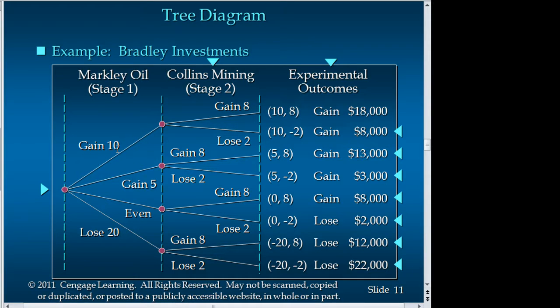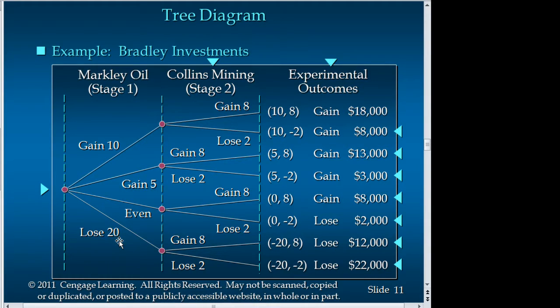So if Bradley gains 10,000 here and also gains 8,000 here, the total gain would be 18,000, just like that. But if Bradley gains 10,000 here, but loses 2,000 there, then the gain would be 8,000. So 10,000 and 8,000, 10,000 and negative 2,000, right? Those are these 2 lines.